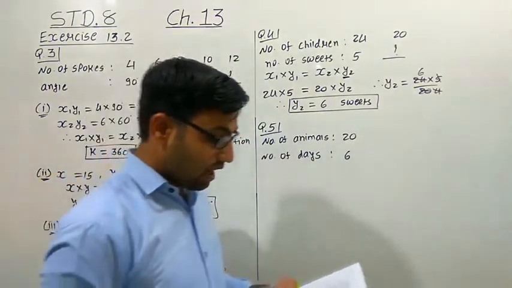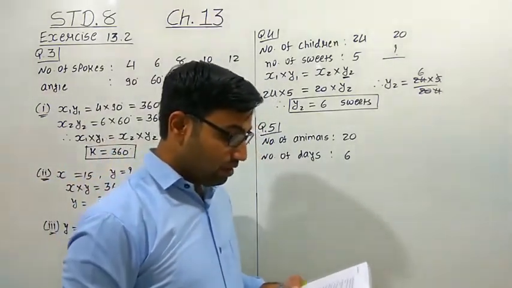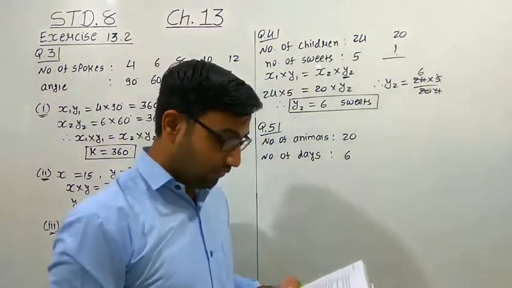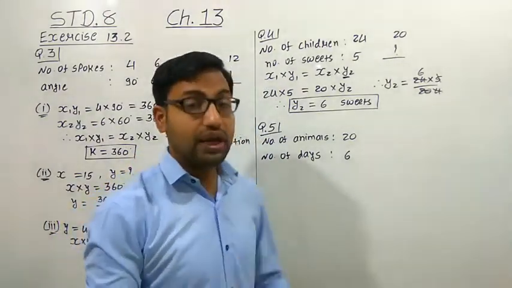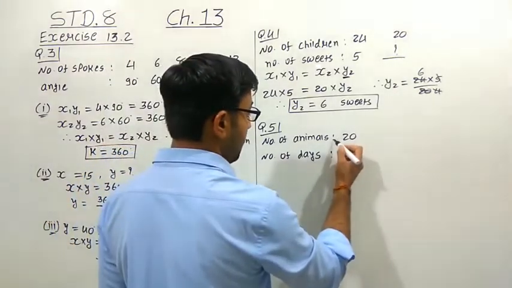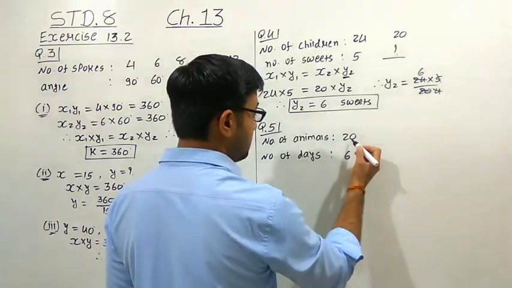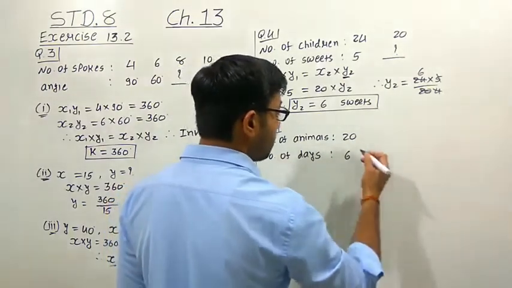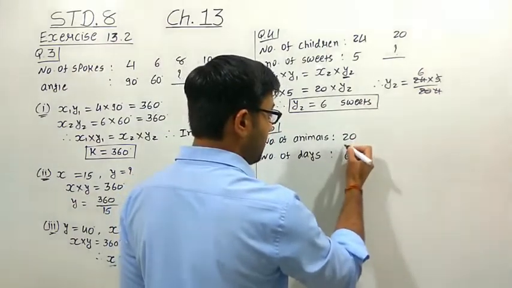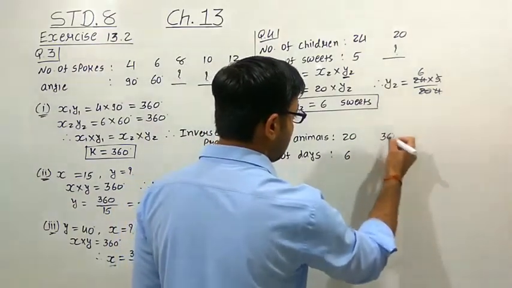Now the question is, how many days would the food last if there were 10 more animals in his cattle. 10 more means first of all 20 animals are there, now we have to add. More means to add. How many do we add? 10. So 20 plus 10 we get 30.